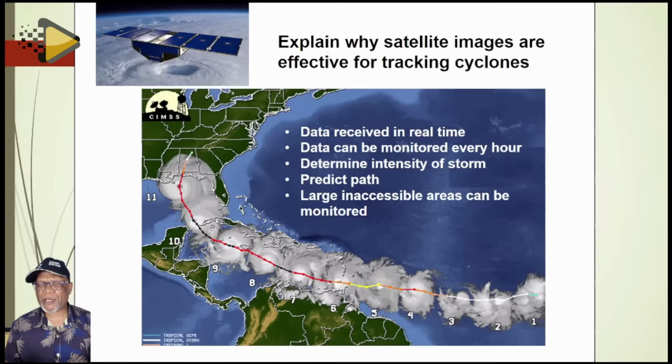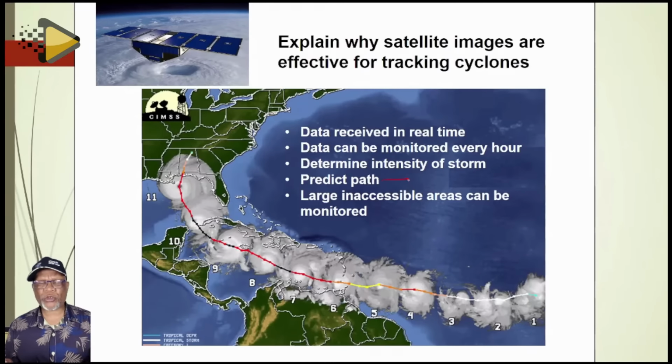It can determine the intensity of the storm, whether it is category 1, category 2, category 3, and we know we are going to prepare differently for different categories of storms. And you can also use the satellite images to predict the path so that people can be given timeous warning about which areas they can avoid and which areas they can go to for evacuation.